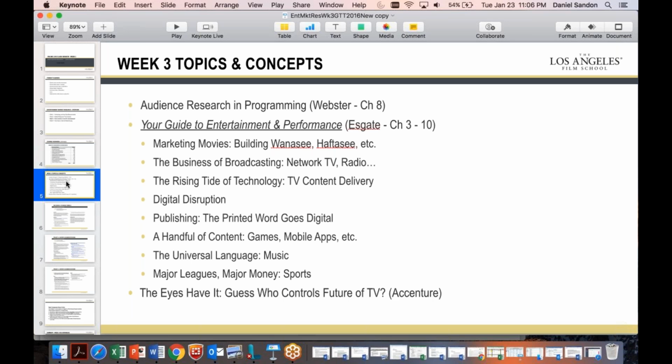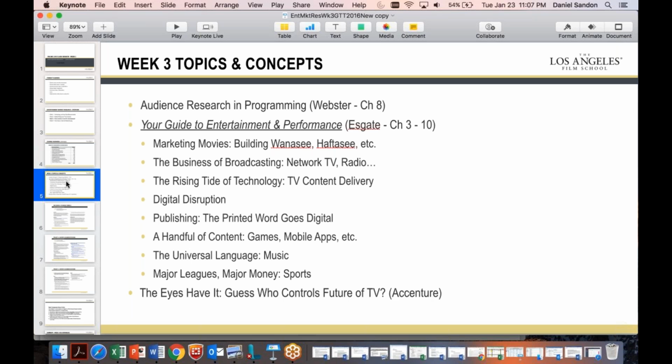It's called The Printed Word Goes Digital, all right? The next one, a handful of content. This is about handheld content, so games and mobile apps. This is stuff that's playing on your handheld devices, your smartphone, your tablet, etc., okay? And then the next one is the universal language, which is music. And finally, major leagues, major money is all about sports.